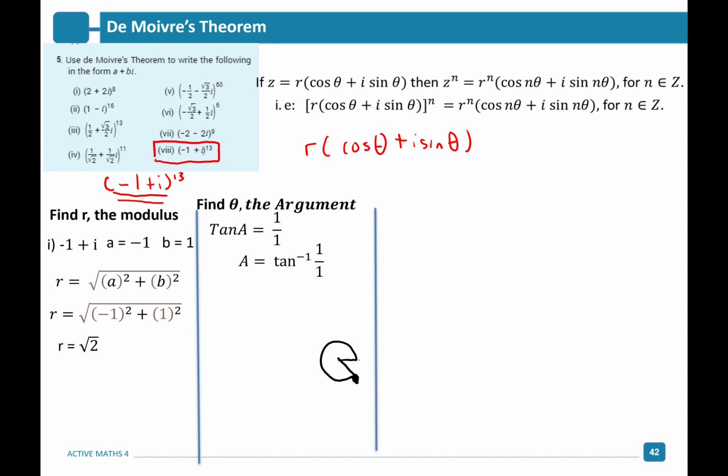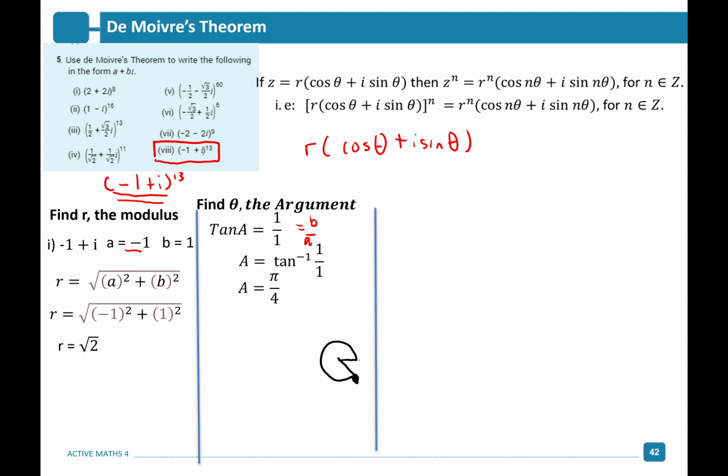Please note that I am ignoring the minus sign on my real value, as A is a reference angle. This is the angle to this complex number in the first quadrant. Inverse tan of 1 over 1 gives us pi over 4.